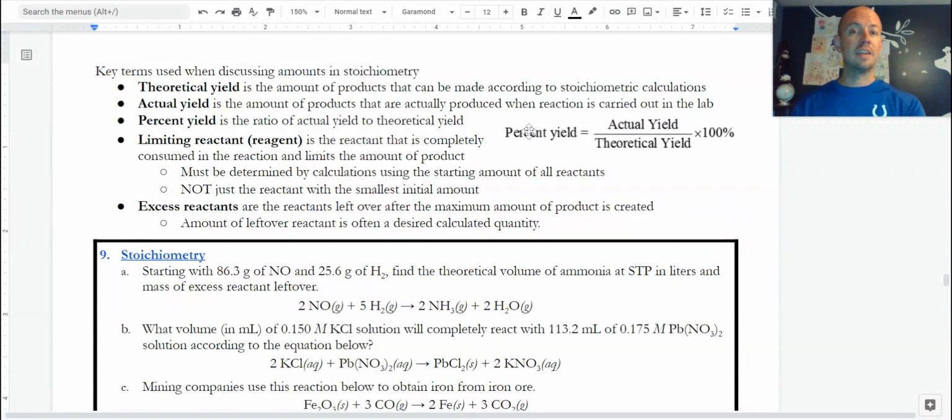We can then, whether it's above or below 100, think about what might have gone wrong in our reaction process to give us a yield that is too high or too low.